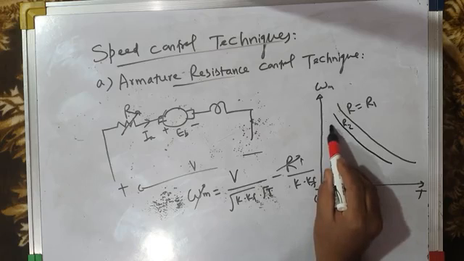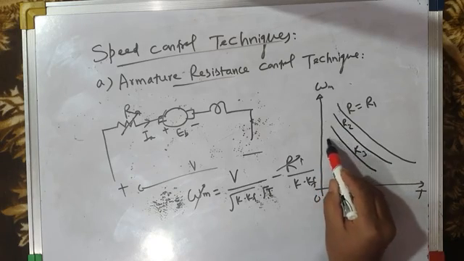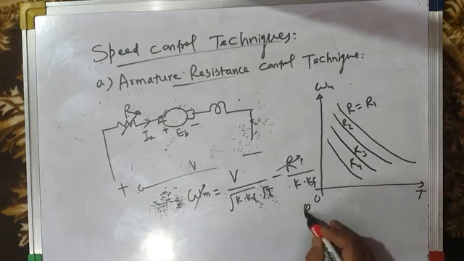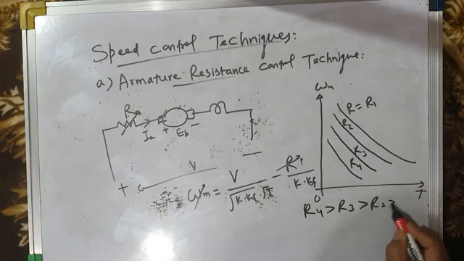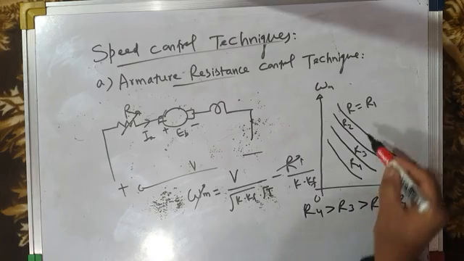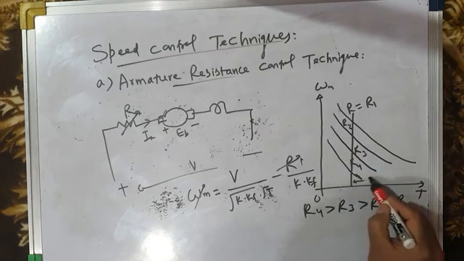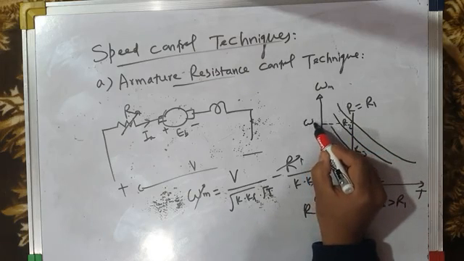Similarly, if you further increase external resistance, you'll get R3 and R4, where R4 is greater than R3, greater than R2, greater than R1. If this is the load torque TL, for R equal to R1, what is the speed of the motor? Omega m1.